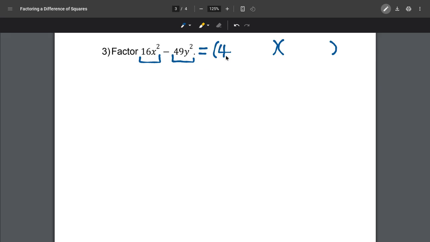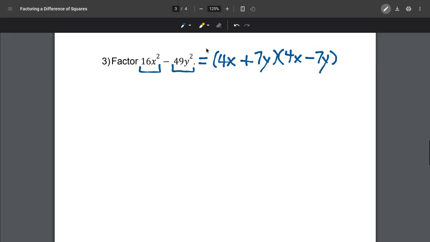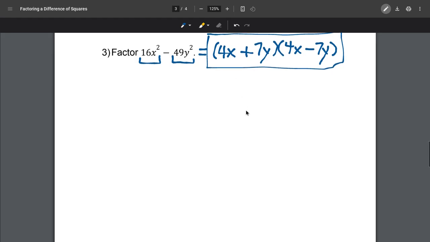So we'll have a 4x here and a 4x here, plus here, a minus here, and the square root of 49y squared is 7y. So we'll have plus 7y and minus 7y. And there we go. We got that one. All right, let's try one more to make sure we've got it.